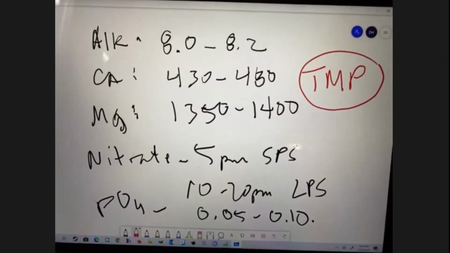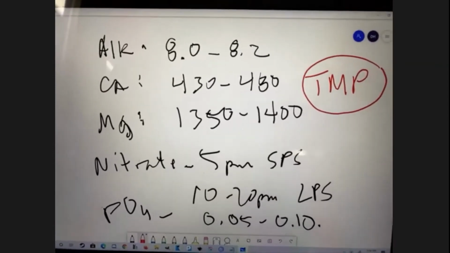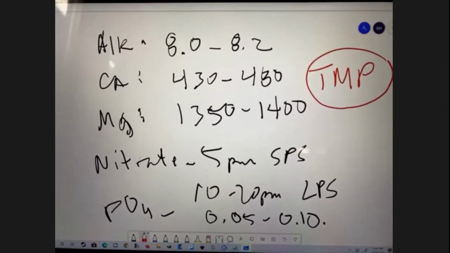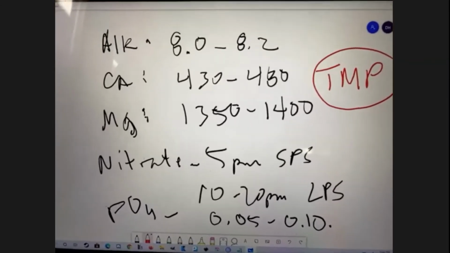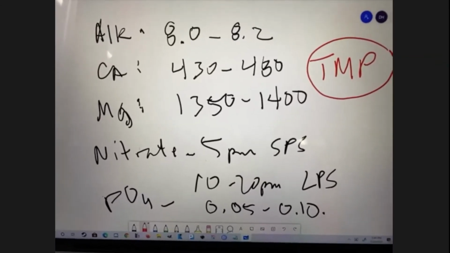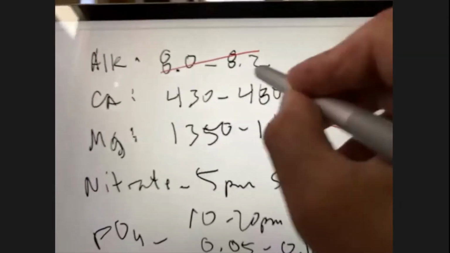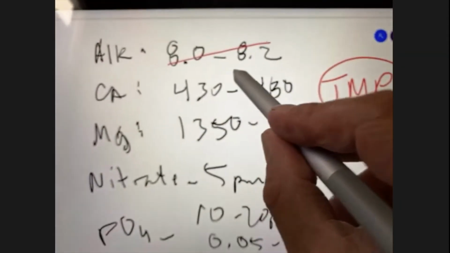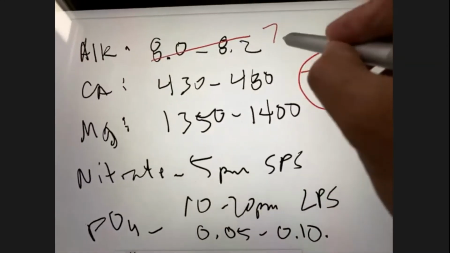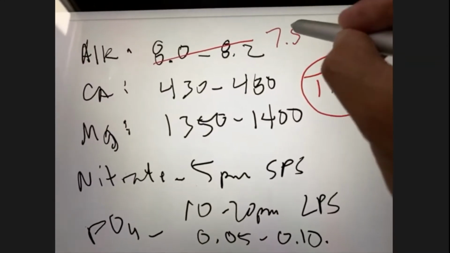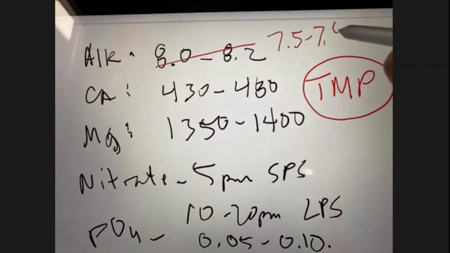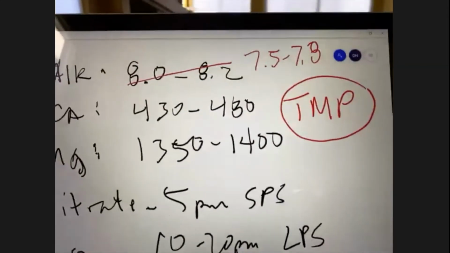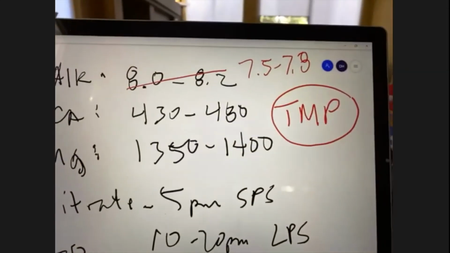I can do a 200-gallon water change in my system. That's a little bit less than half on my mixed reef system, and that'll change my alk to 7.5 to 7.8. Okay, no problem, not a big alk swing.